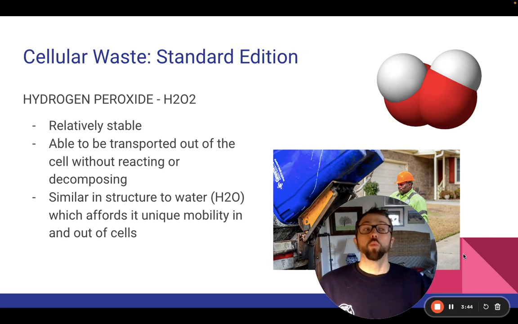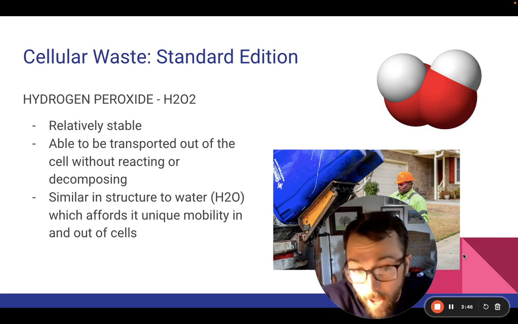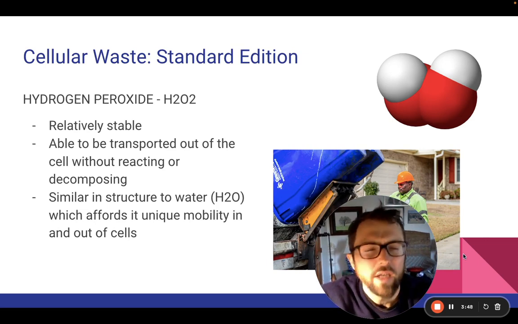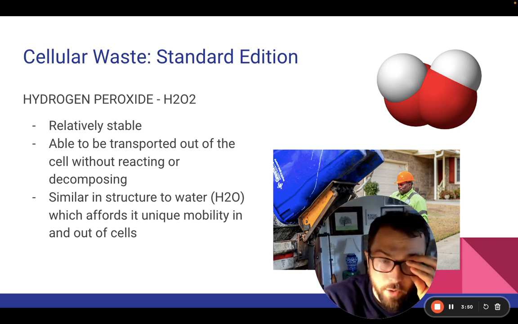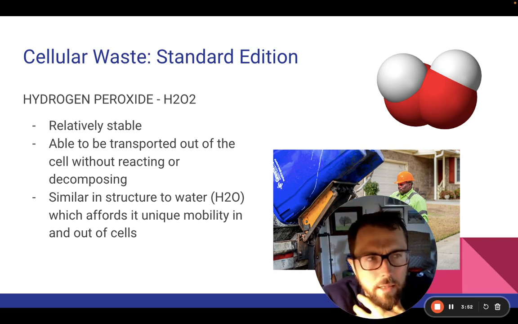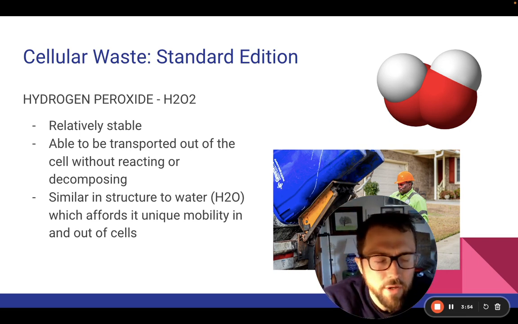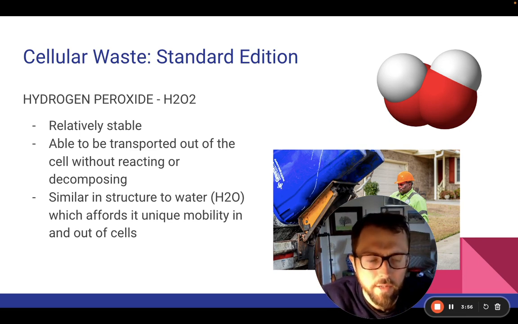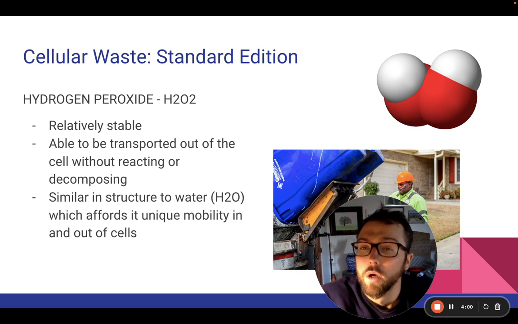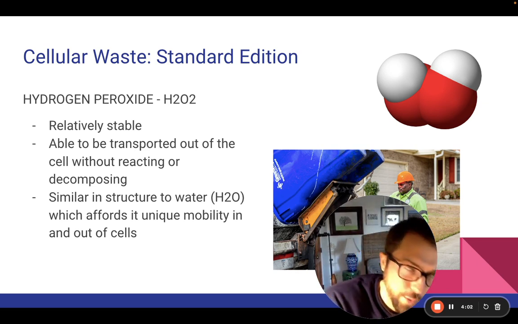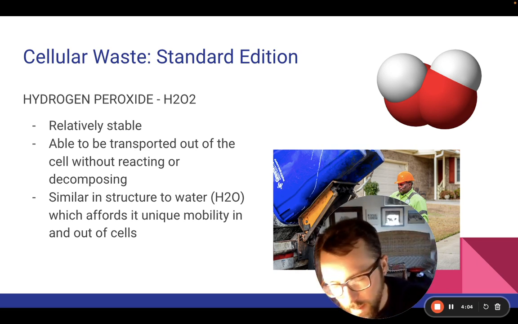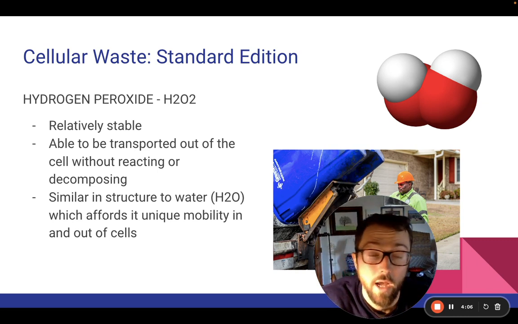And now you have to see, what does that waste look like? We've talked about ROS before. I think episodes 10, 11, and 12 talk more about inflammation and how that works. But for ROS, there's hydrogen peroxide, there's the superoxide anion, there's the hydroxyl radical.